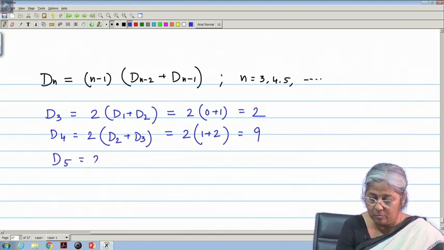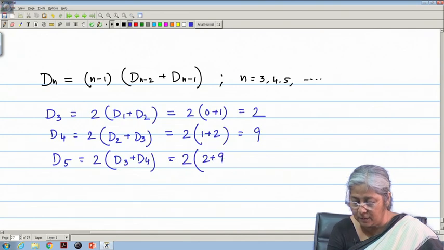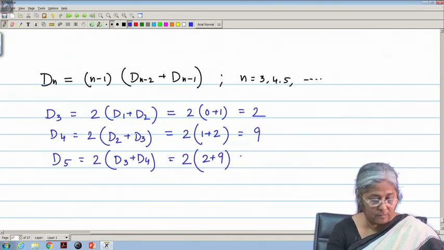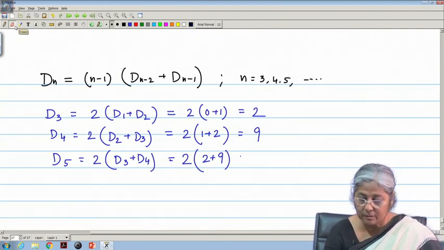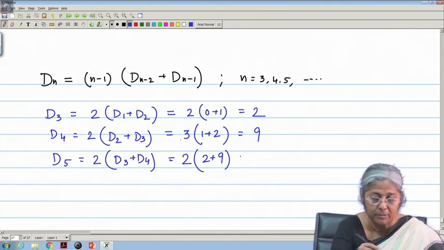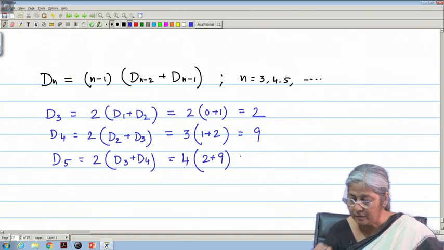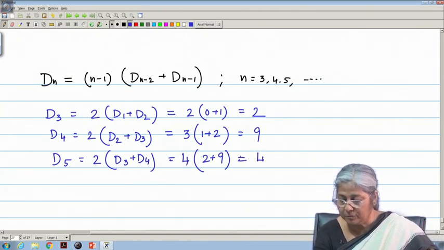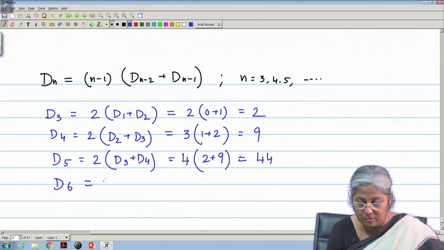Similarly D5 is 4 into D3 plus D4, which is 4 into 2 plus 9, so this becomes 44.